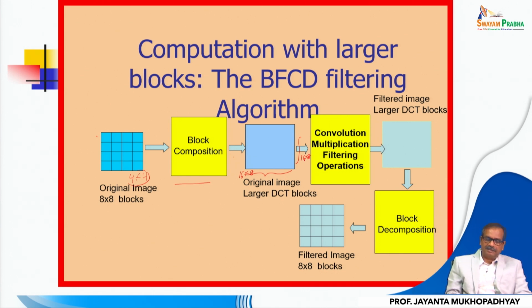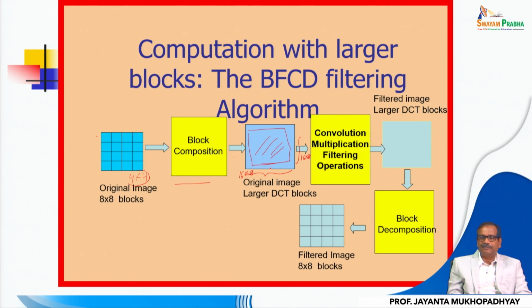It is quite large. So, the effect of blocking artifacts would be visible only in these cases, but most of the areas will remain free of blocking artifacts. Still there will be blocking artifacts, but we are reducing them. So, you get this result after you perform the convolution, and since it is a larger block, the filter length could also be large.